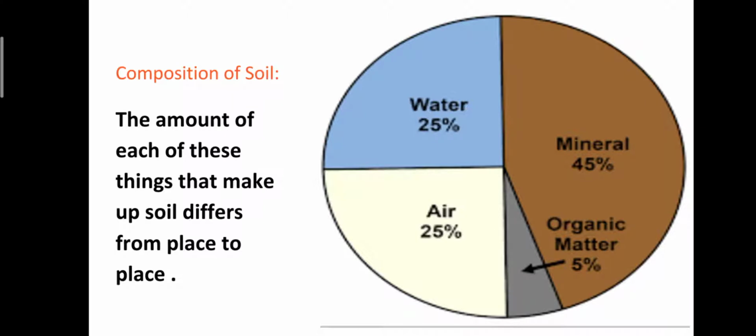The amount of each of these things that make up soil differs from place to place. Water 25%, air 25%, mineral 45%, organic matter 5%.